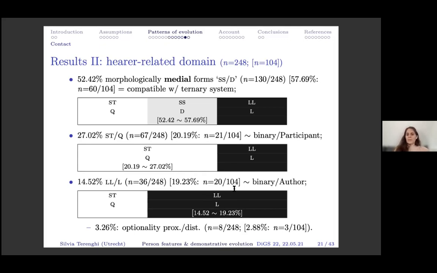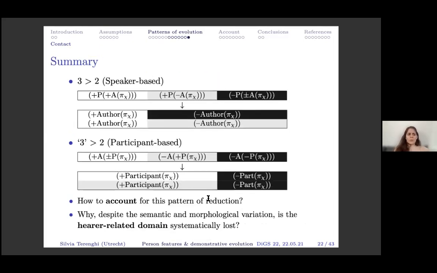So these forms would be respectively compatible with a binary participant-based system or a speaker-based system. Here we need more data, of course, to corroborate these findings, but this looks promising, and it looks like we have the same reduction in contact as in diachrony. So to sum up, we've seen two different patterns for semantic reduction, and we've seen that semantics and morphology don't necessarily align, as one form can still be employed even if its original semantics is lost.